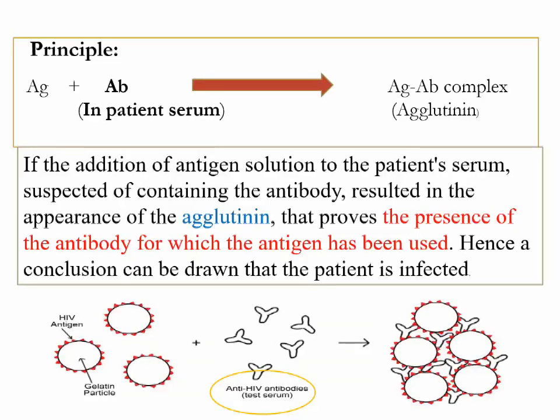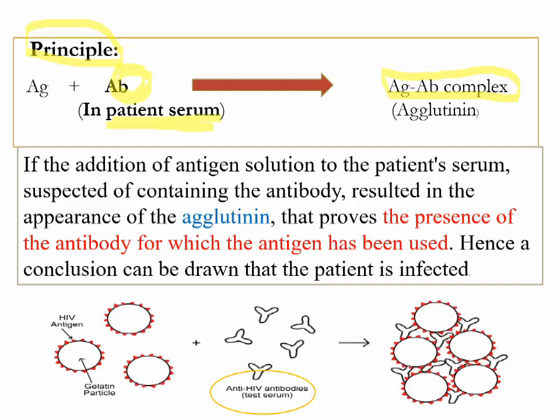So as we have previously agreed, the main principle of the serological tests is the formation of the antigen-antibody complex. So the first thing you're going to do is obtain the patient's serum. In the patient's serum, you are looking for the presence or the absence of the antibodies.